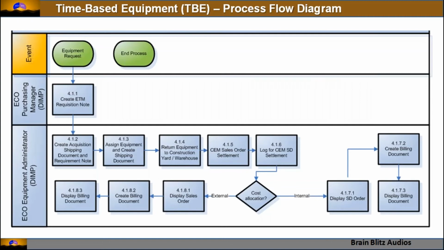Normally it generates two sales orders, one for billing purposes and one for cost settlement purposes. In the CEM engine, CEM is a term which is also a namespace for ETM. It stands for construction equipment management, which is the earlier name of this component.